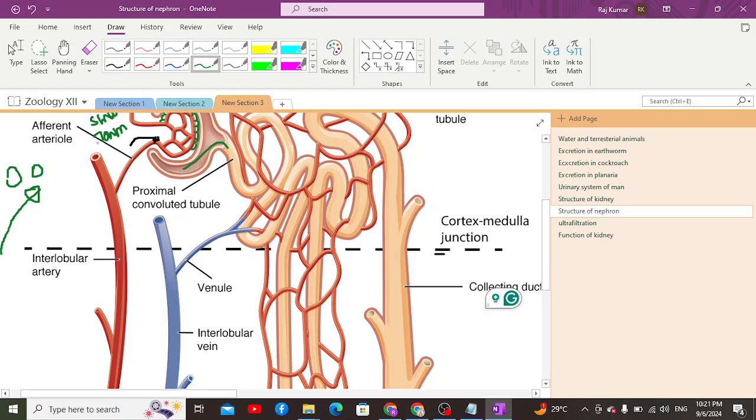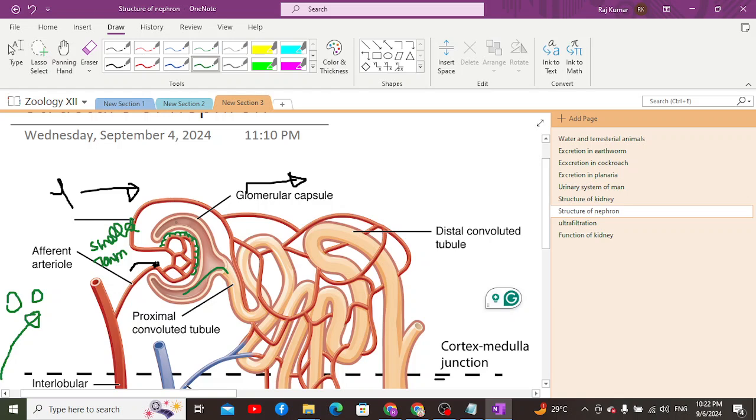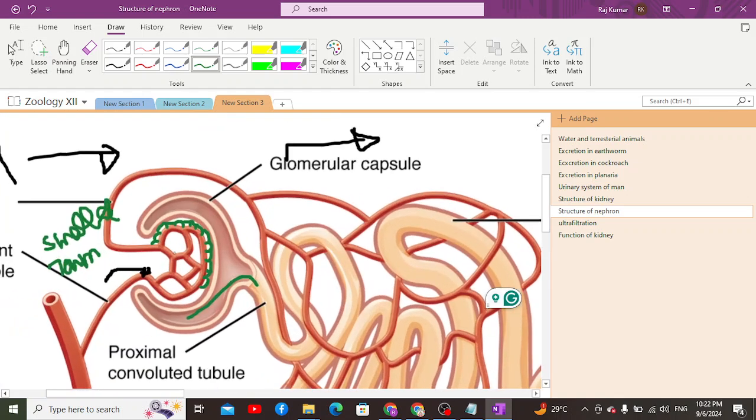As a result, the plasma proteins are prevented from entering the Bowman's capsule from the glomerulus, and larger particles such as blood cells are not allowed through, as the diameter of the podocyte internal opening is around 70 nanometer. Hence, the podocytes basically prevent the passage of plasma proteins into the Bowman's capsule.